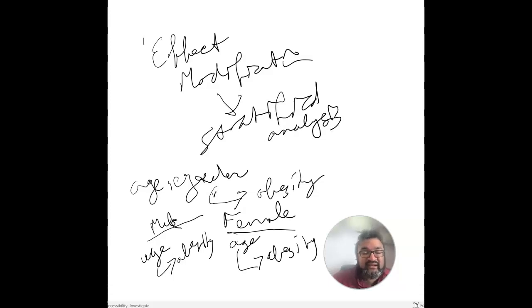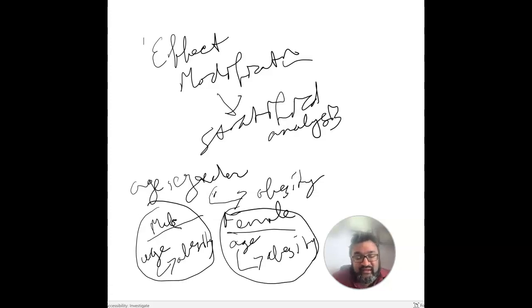If there's a connection between age and obesity among males and females, you know that there's complete effect modification taking place. Even if there is a significant relationship only among males and not among females, that's still stratification, because in a gender stratified relationship, there's differential significance between males and females.